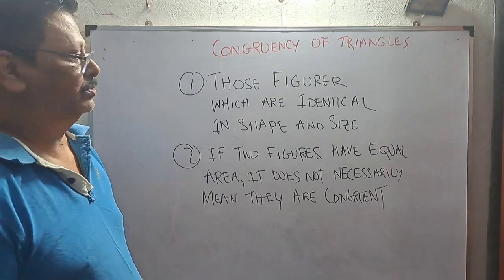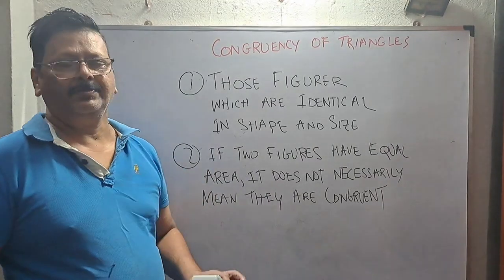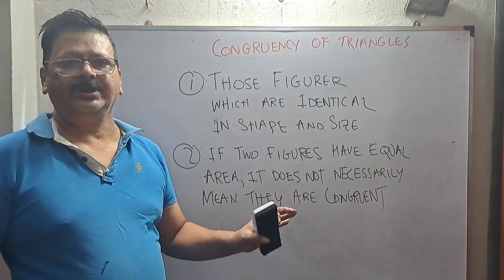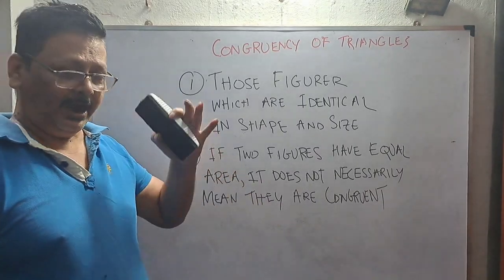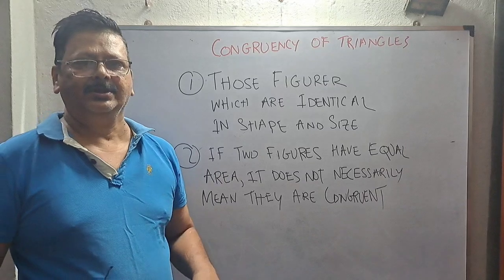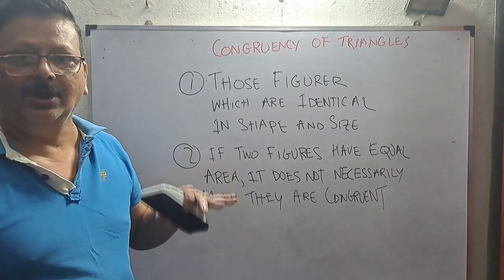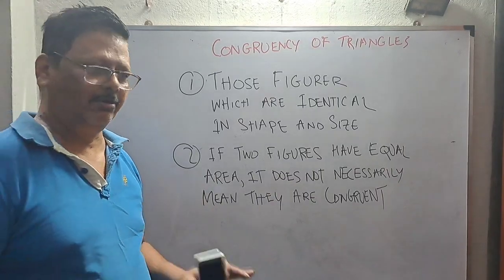But it is true that congruent shapes have equal areas. All congruent shapes, since they are identical in shape and size, have equal areas. But equal areas is not a condition of congruency.